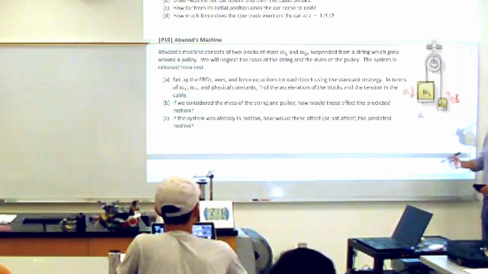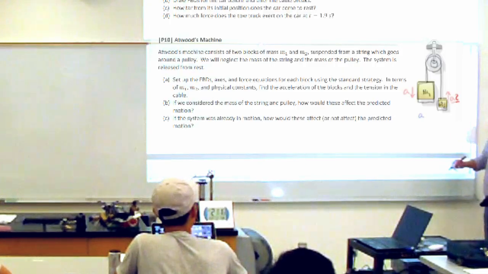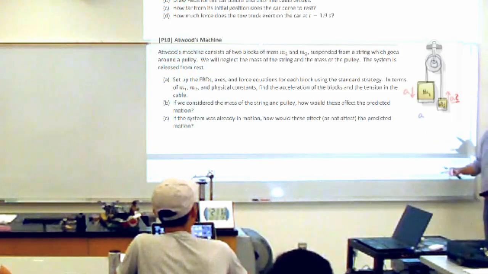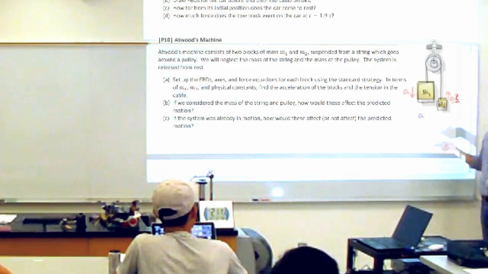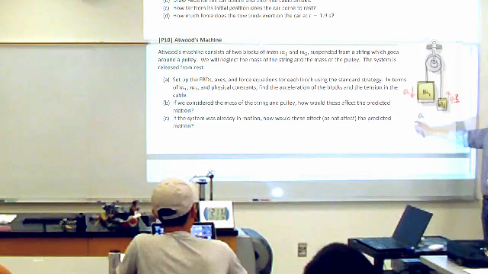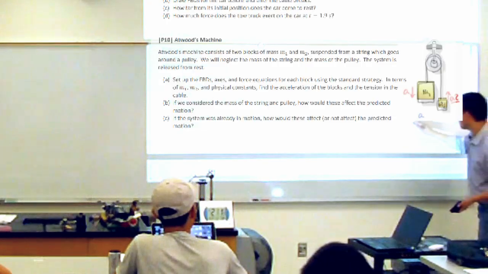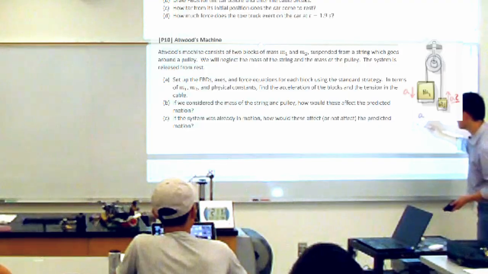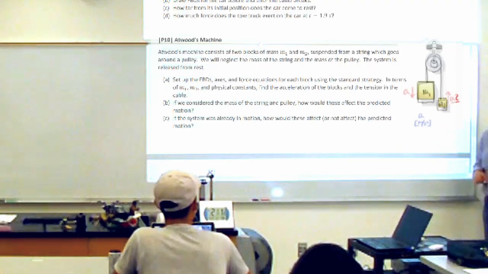Well, I'm looking for magnitude. So I'm looking for a positive answer. So g and minus g are essentially the same. mg, that's not even the right quantity. mg is force. a is acceleration. I'm looking for a quantity that has a unit of meters per second squared, not newtons.